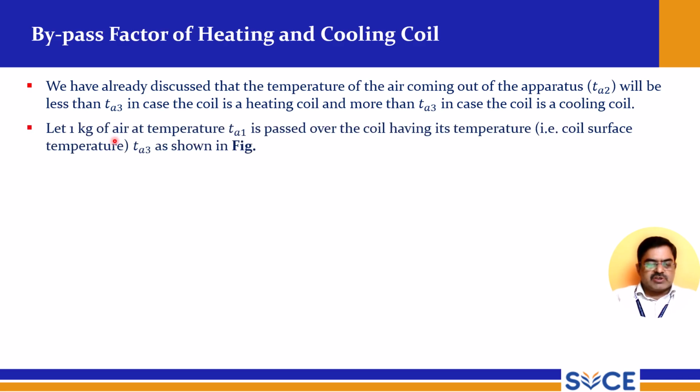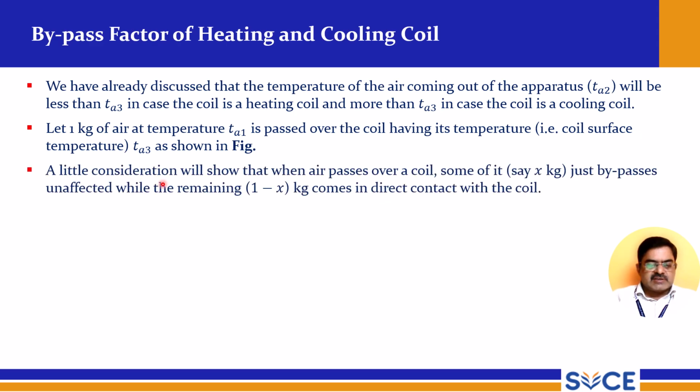Let 1 kg of air at a temperature Ta1 be passed over the coil having its coil surface temperature Ta3, as shown in that figure. A little consideration will show that when air passes over a coil, some of it, say x kg, just bypasses unaffected, while the remaining 1 minus x kg comes in direct contact with the coil.